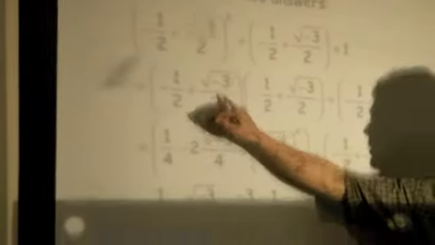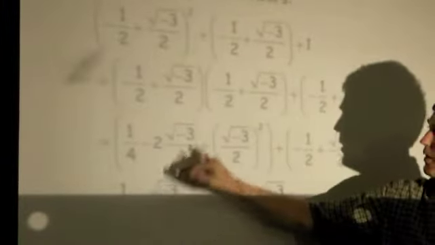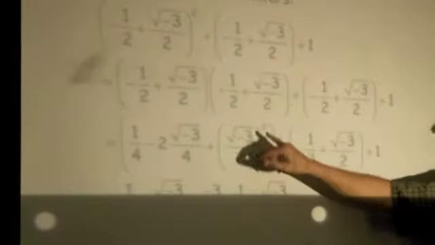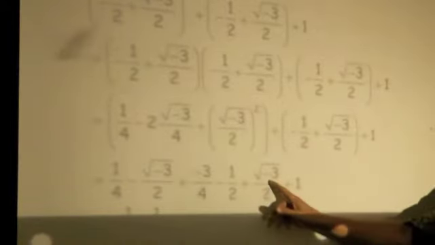You get this times this, and then another one, this times this. So you get 2 of those things. And then finally you get negative square root of 3 all over 2 squared. That's just the old FOIL that you've seen a lot of times. And then simplifying it down, this thing simplifies to negative 3/4. And these guys, negative this and positive this, end up killing each other, and you end up with something that works out. So the math worked out.